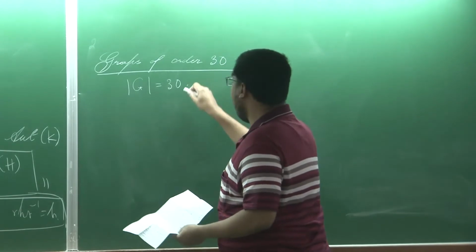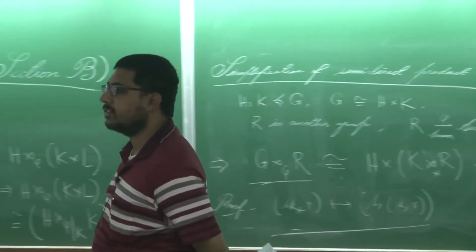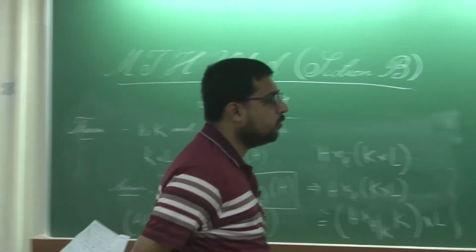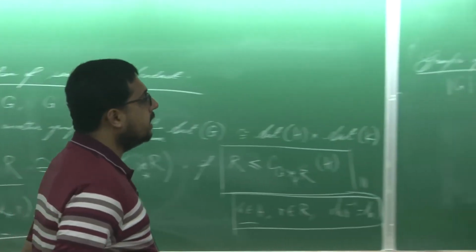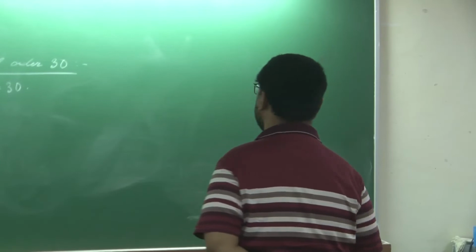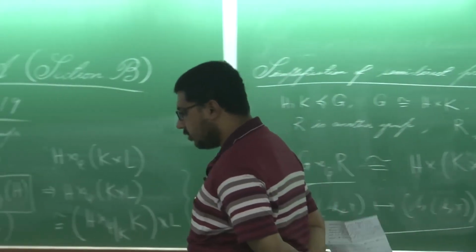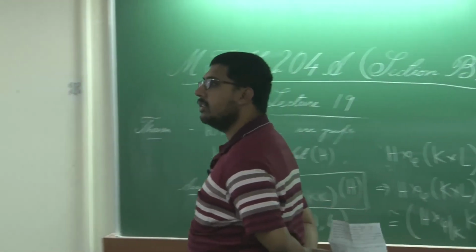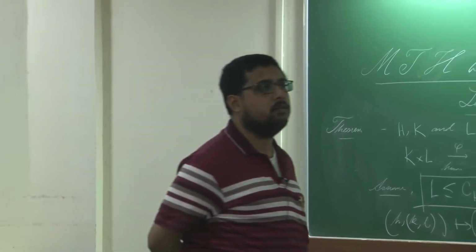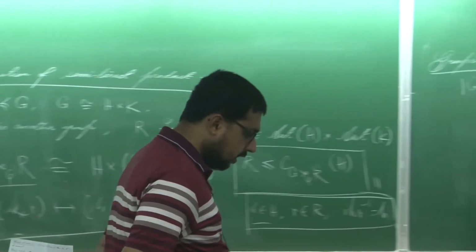Let me say a few more words. The first step, as I said, is to find appropriate subgroups H and K. So how do we find such subgroups? Because we are working with groups of reasonably small order, H and K will usually be found using Sylow's theorems.